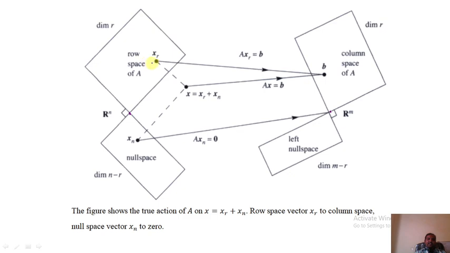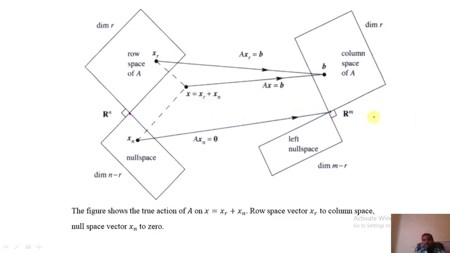Now each vector in the row space is mapped to a vector in the column space. There x is split into xr and xn. xr is the row space vector, xn is the null space vector. When I write A xr, it goes to the b vector, and A xn goes to the zero vector.